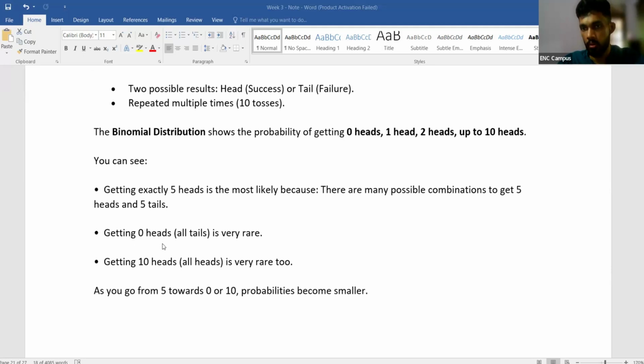Getting 0 heads in 10 tosses is low. Imagine you toss the coin 10,000 times. Most probably it's 50-50, right? 5,000 heads and 5,000 tails. Getting 0 heads is very rare, and getting heads 10,000 times is also very rare.